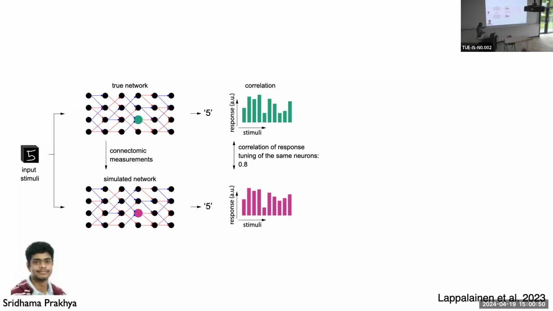Then the activities of the hidden units of this network are actually correlated. If you didn't have the connectomic measurements and you trained two networks to perform the same task, you would never have any correlation between the hidden units. So you can't predict the hidden unit activity patterns. But with the connectome, you can predict that, and that means that not only can you predict activity, you can say something about the mechanism by which this network is performing a certain computation.